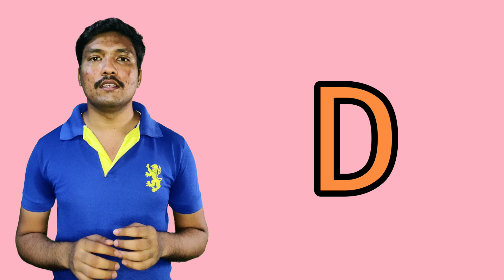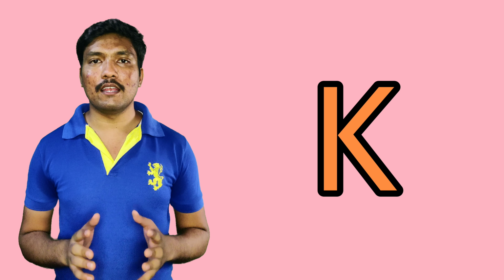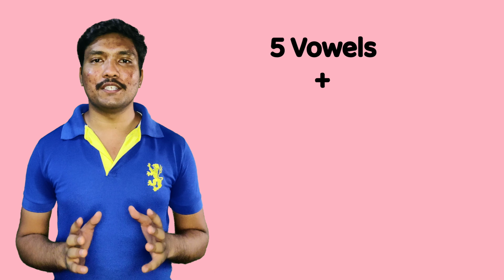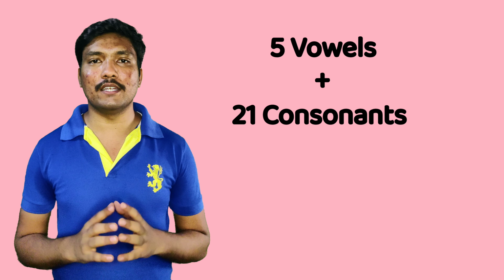When we pronounce consonants, our voice stops or the tongue touches somewhere in the mouth, like B, C, D, F, G, H, J, K, L, M, N, P, Q, R, S, T, V, W, X, Y, Z. So, 5 vowels plus 21 consonants is equal to 26 letters.